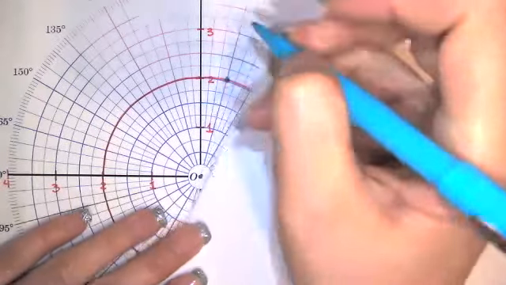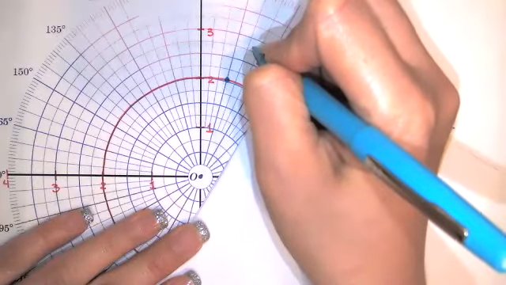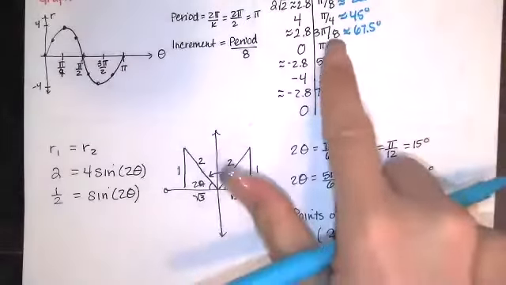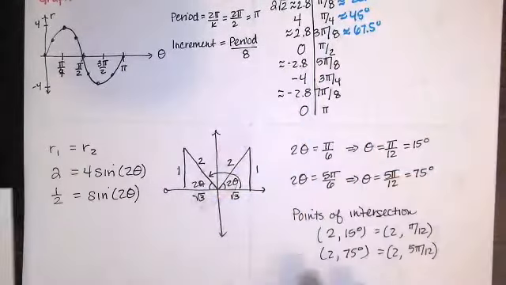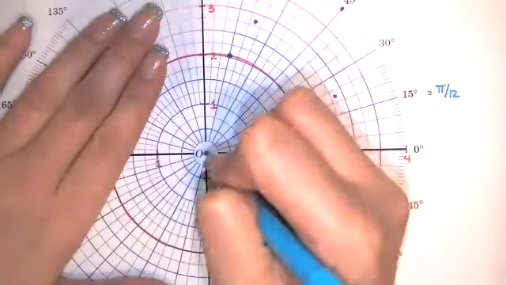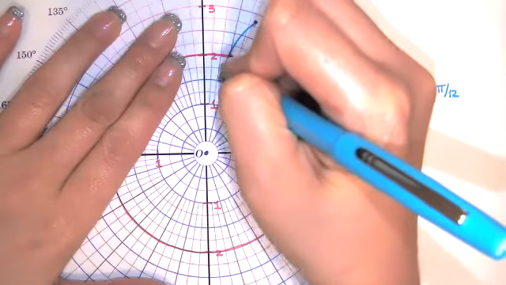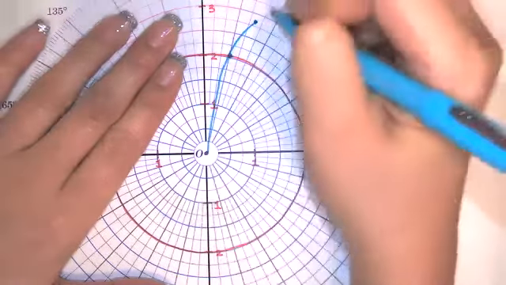So there's 2.75 and 2.8 is approximately there. And then at pi over 2, r is 0. And so we're back here. So I think we can see from this that our curve roughly looks like this.